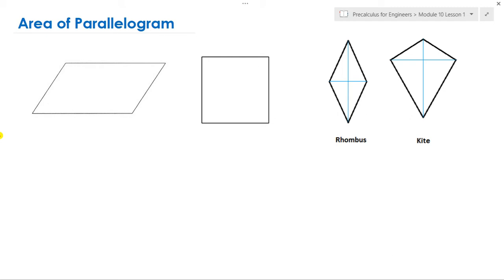So, let's start with the area of a parallelogram. Suppose our first figure here is a parallelogram, since its two opposite sides are parallel to each other.